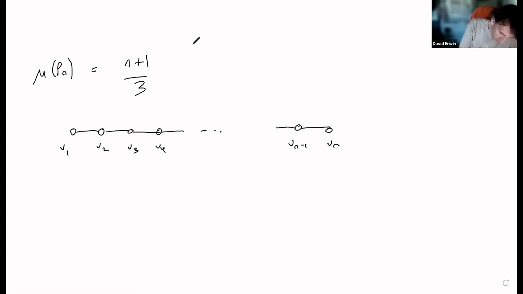So what I'm going to do here is start off by looking at v1, this left-hand end vertex, and ask what the distances of the vertices from it are. Well, this one is distance 1 away, then distance 2, distance 3, distance n minus 2, and distance n minus 1.